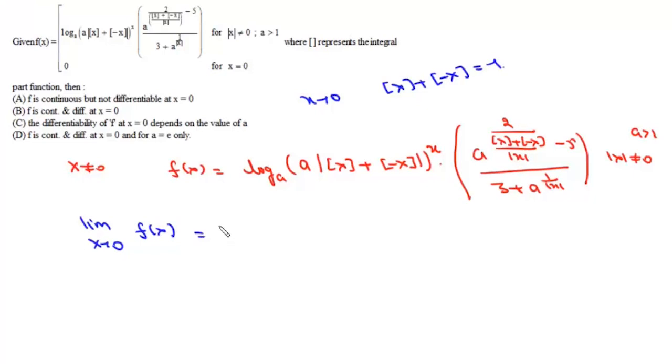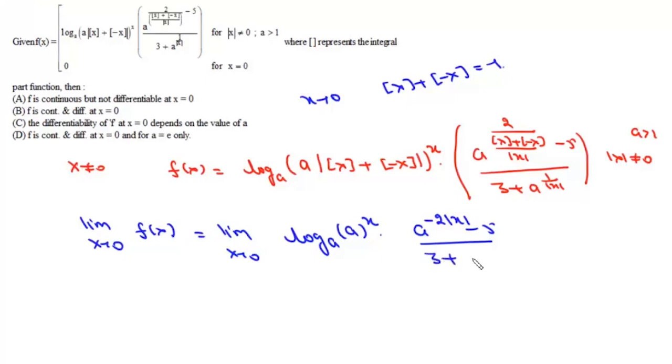We'll write this as this limit x tends to 0, and it will be this log base a of a to the power x, and here it will be this minus 1, so a to the power minus 2 mod x minus 5, and it will be 3 plus a to the power 1 upon mod x.